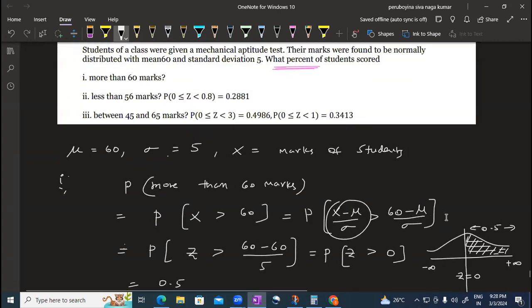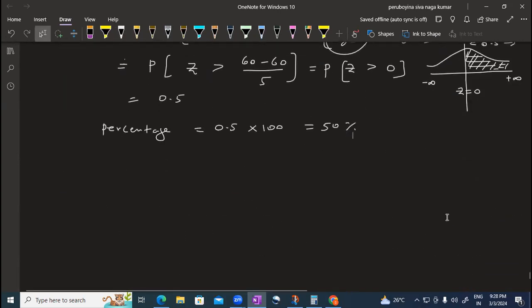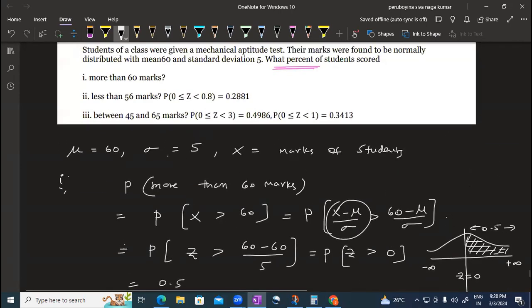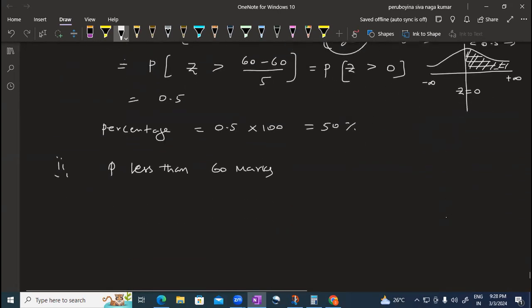And the second question: less than 56 marks. So that means the probability of x less than 56.